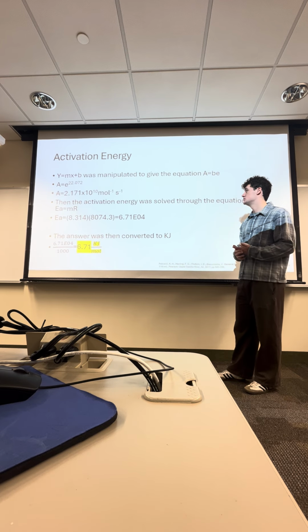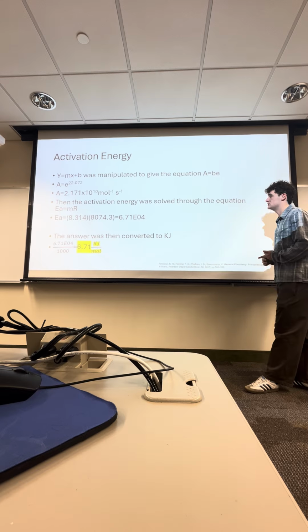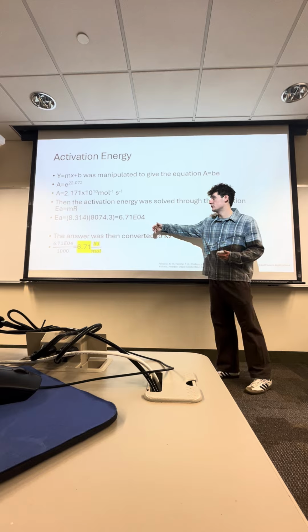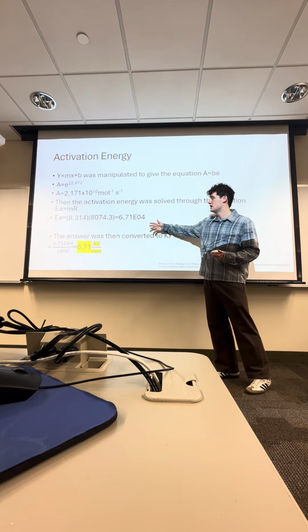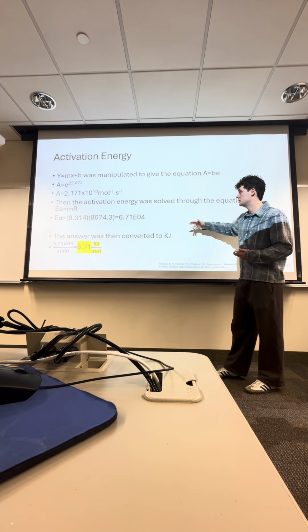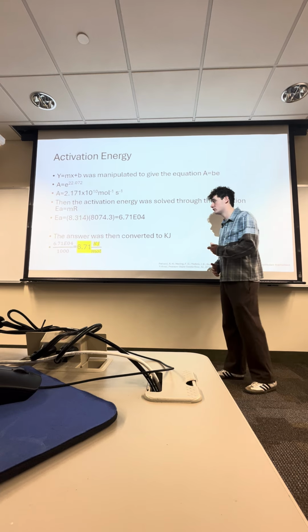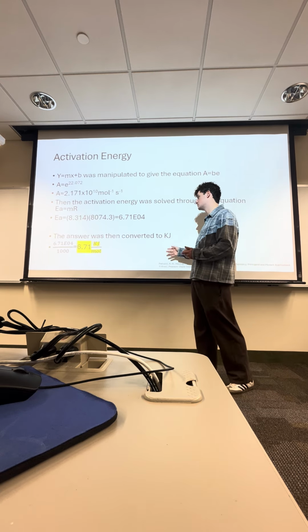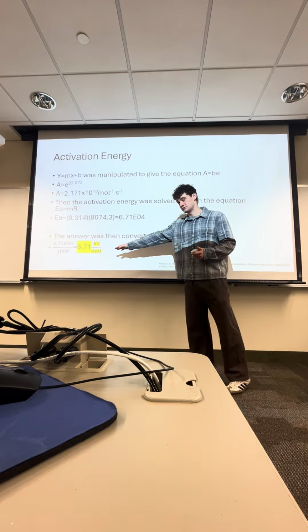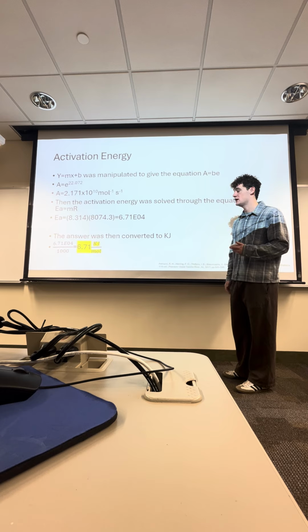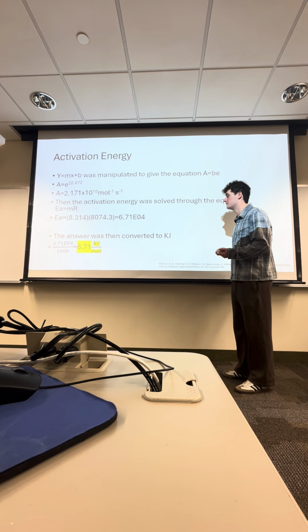Then the activation energy was solved for through the equation Ea equals mR. So the activation energy equals 8.314, the ideal gas constant, times 8,074.3 equals 6.71 e to the fourth. Now this answer is not in the proper form. The answer was then converted to kilojoules by dividing by 1,000. This gives us an activation energy of 6.71 kilojoules per mole.